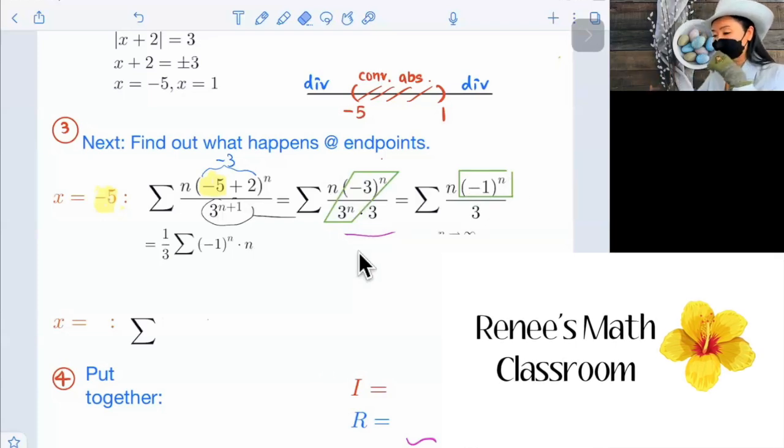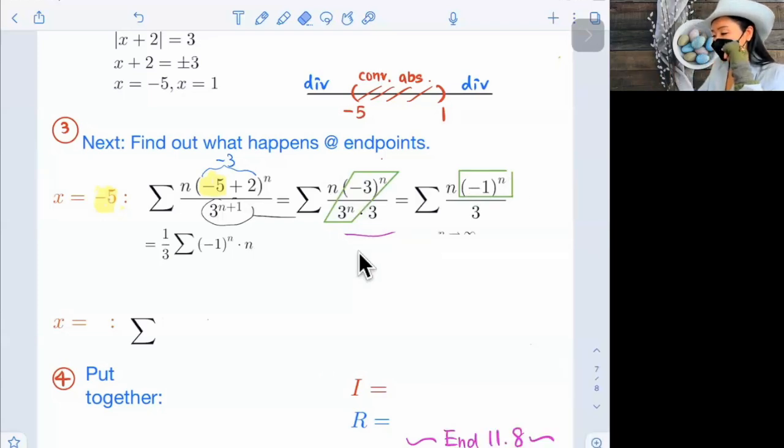Does this series over here converge or diverge? What do you think? Diverge? Why? What test? Alternating? Well, with the alternating series test, don't say the series diverges. Test for divergence, yes, the nth term test, right? Yeah, you got it.